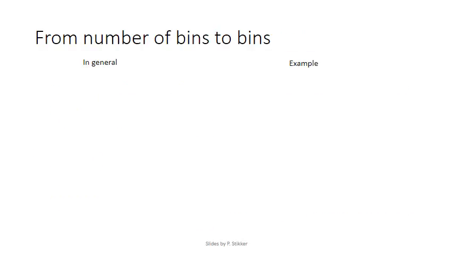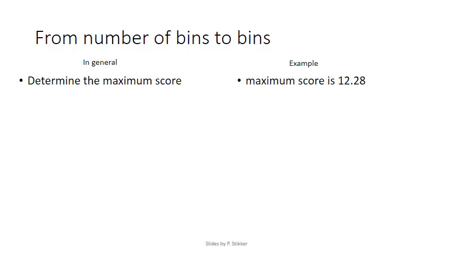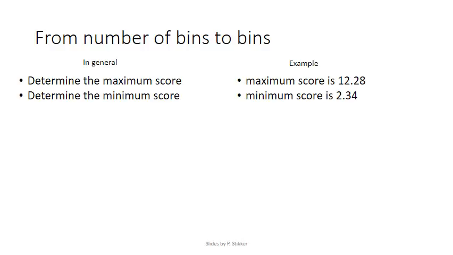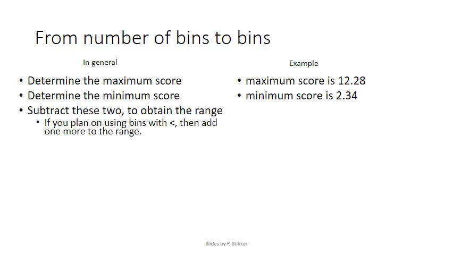Once you know your number of bins, it's time to create the bins. In general, you need to determine your maximum score. So let's say we have as an example that the maximum score is 12.28 kilograms. Then determine the minimum score, and let's say again in an example that is 2.34 kilograms.